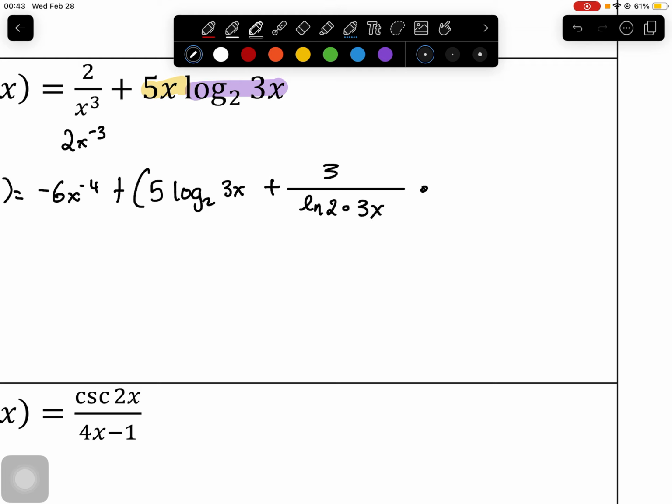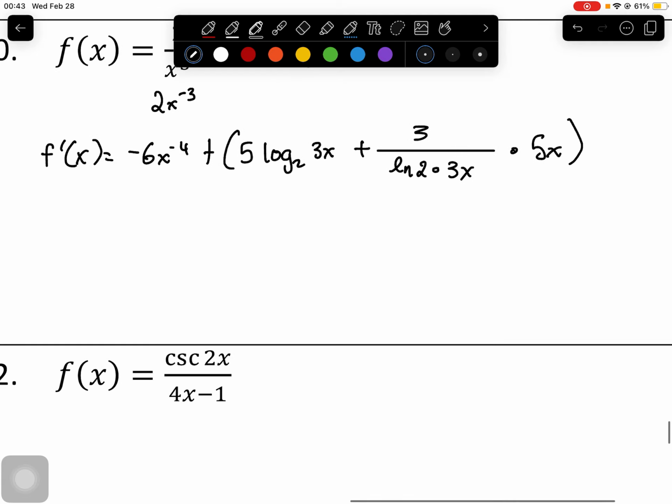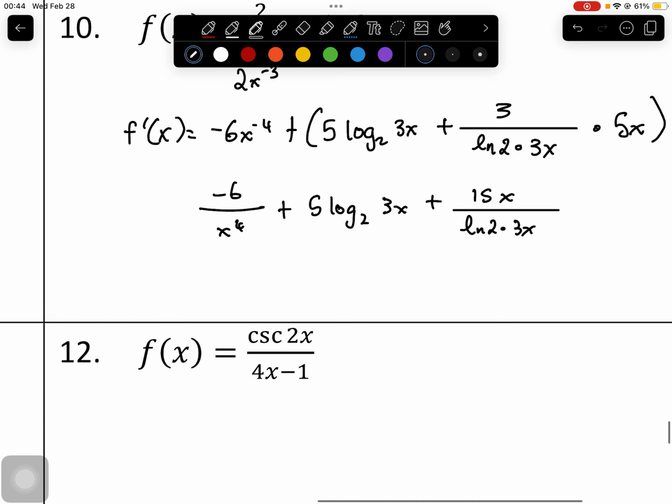And don't forget that 5x. Alright, so now I'm just going to combine it. That's going to be negative 6 over x to the 4th plus 5 log base 2, 3x plus 15, because 3 times 5x, 15x over natural log of 2 times 3x. Okay.